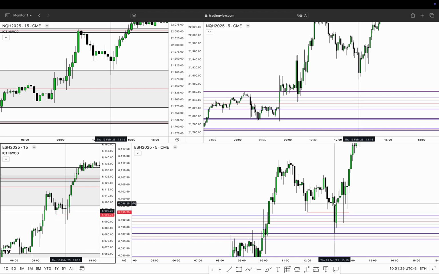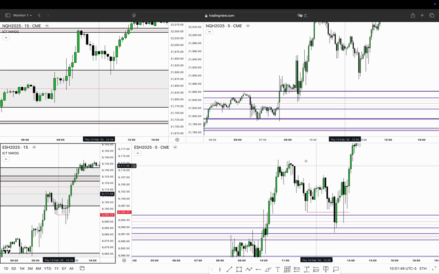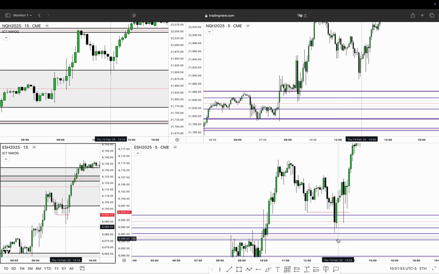So once you have this opportunity, you look in lower time frames for your inversion fair value gap, your fair value gap, your breaker, your order block, any PD array that you want to trade, once you have this specific price signature that is running stops while trading into a gap.